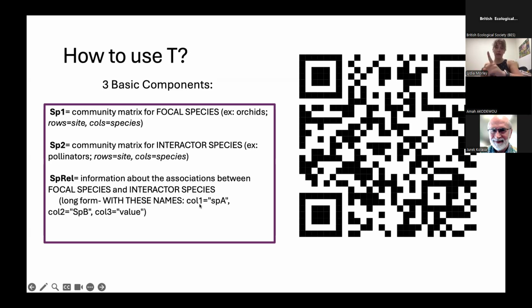So now we're going to paste the link into the chat for the GitHub if you want to follow along. Everybody paste the link into the chat. If you want to follow along, this QR code will also take you to the GitHub page, but also feel free to just watch because we've got everything taken care of. You don't have to follow along with the real example, just make it.